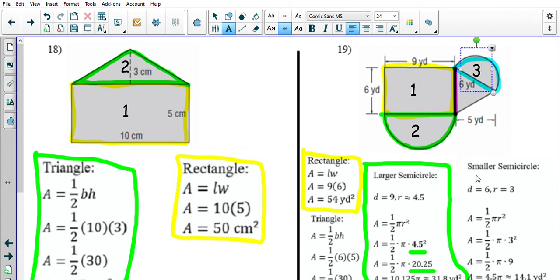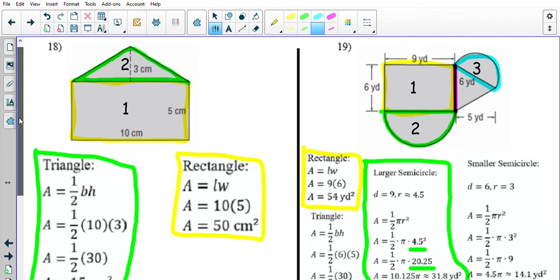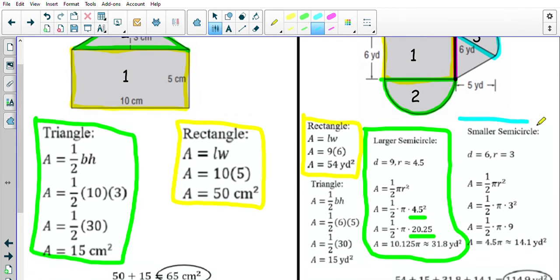So the diameter is 6, which means the radius is 3. My work is going to be down here, so let me outline it, and then we'll go through the work. Since the radius is 3, we do half pi r squared because it's a semicircle. That's half times pi times 3 squared. 3 squared is 9. Half of 9 is 4.5 pi, which is about 14.1 square yards.